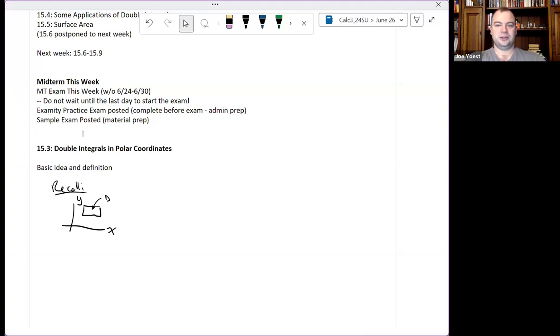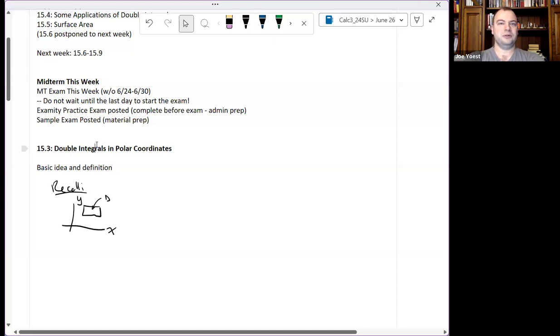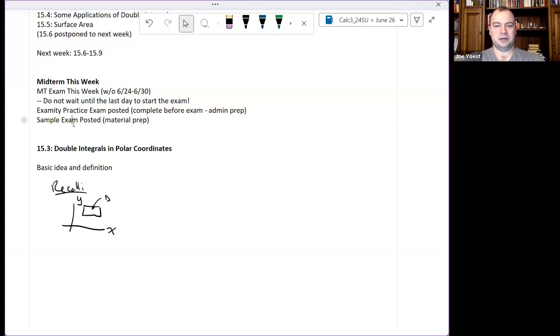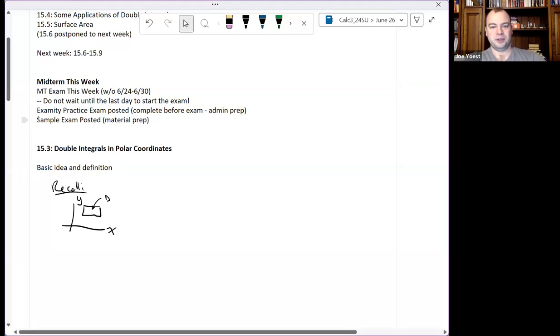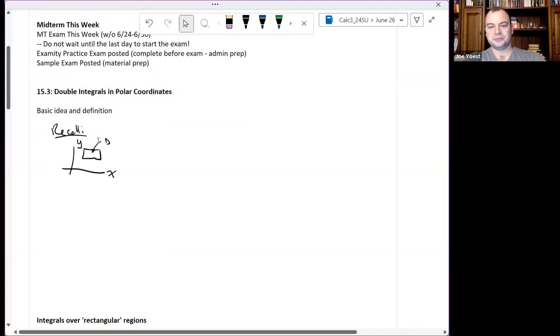You can open it up just like any other homework, and it is the review for the material, the actual calculus material. Like I said, there are a couple of calc problems in the Examity practice exam, but they're just there to have something there so you can click around and submit things in that environment and make sure everything works. But really the material review and preparation is the sample exam. The Examity practice exam is to practice the administrative side of things, and the material that's in there is just filler.